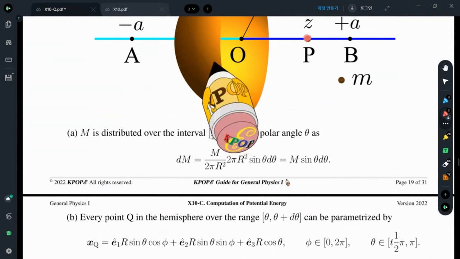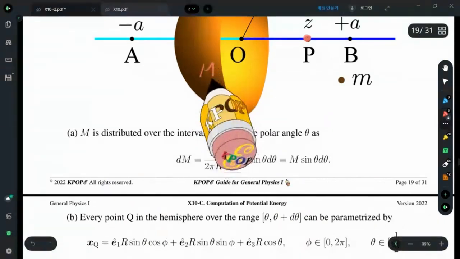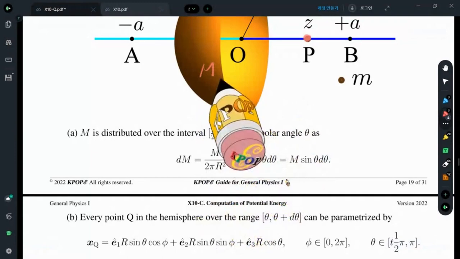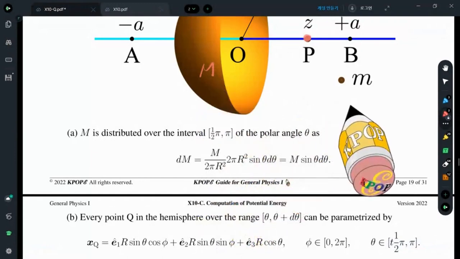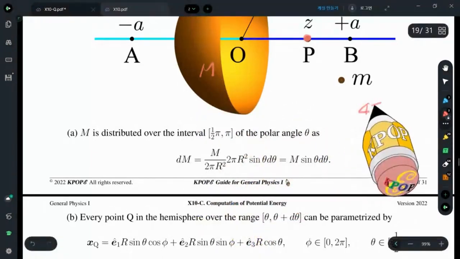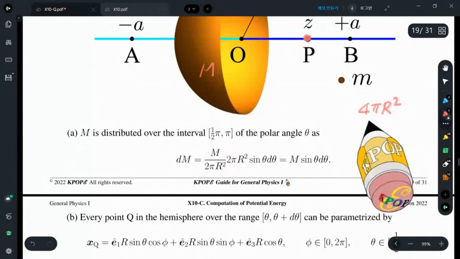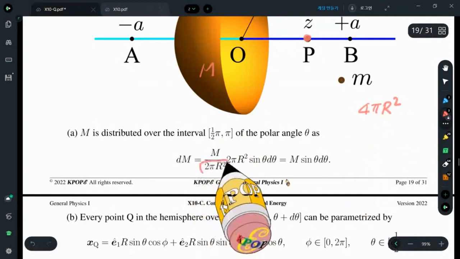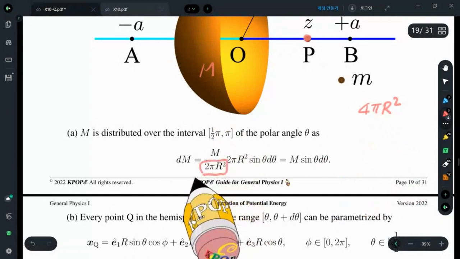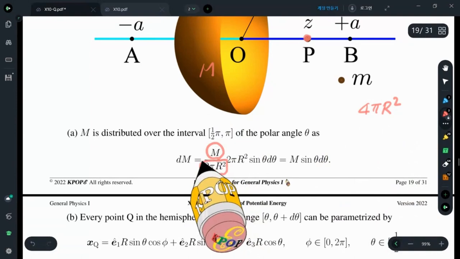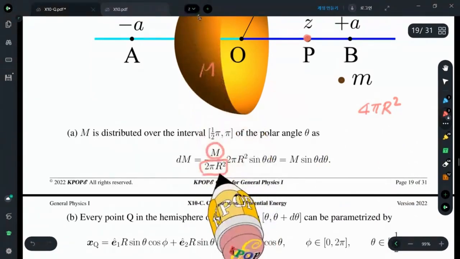Its mass, this capital M, is distributed over the hemisphere. The surface of the sphere is 4 pi r squared, and this hemisphere has a surface 2 pi r squared. And I assume this mass is distributed uniformly over the hemisphere.